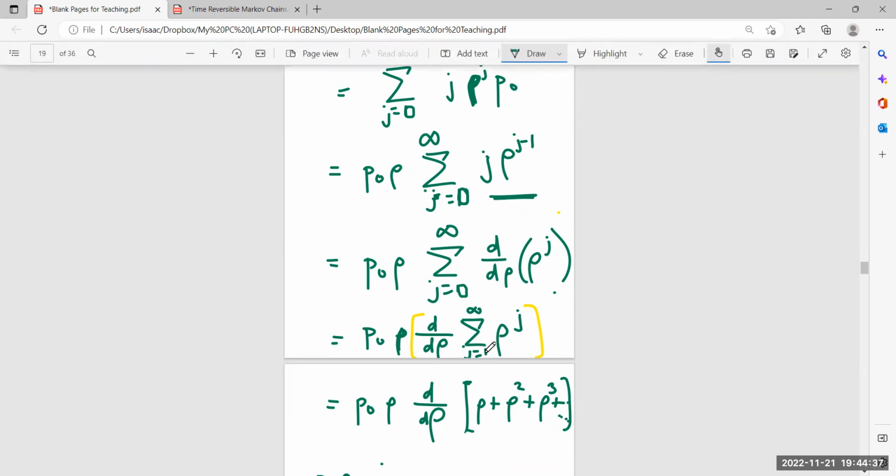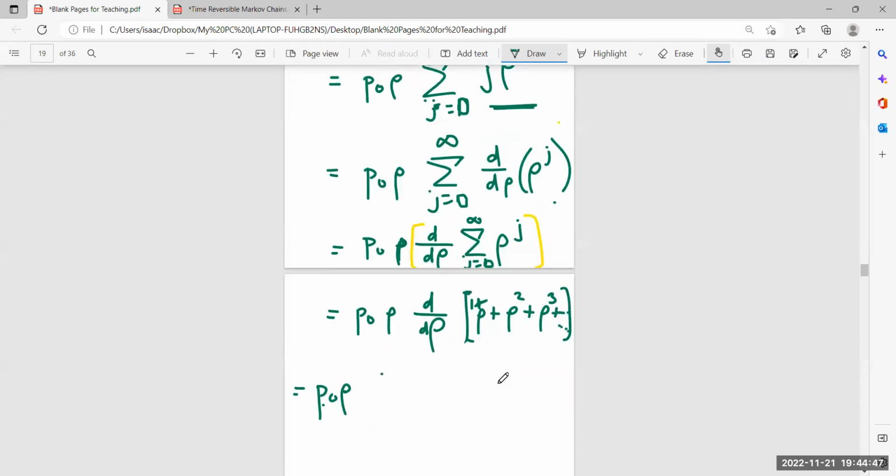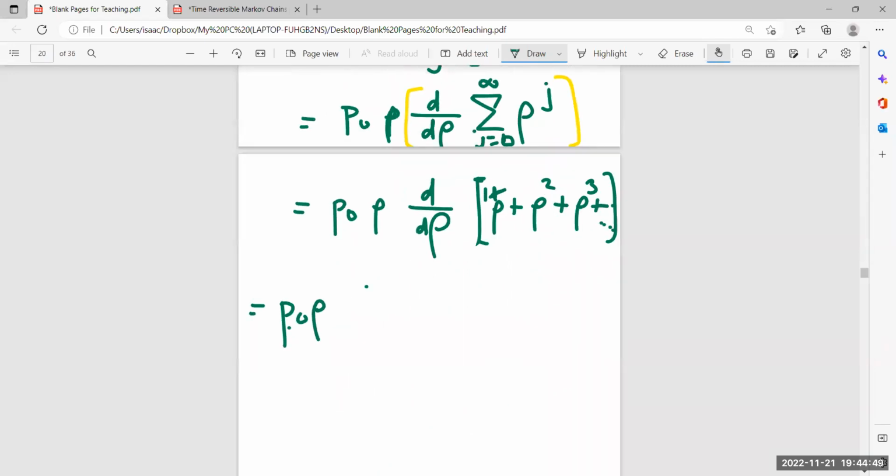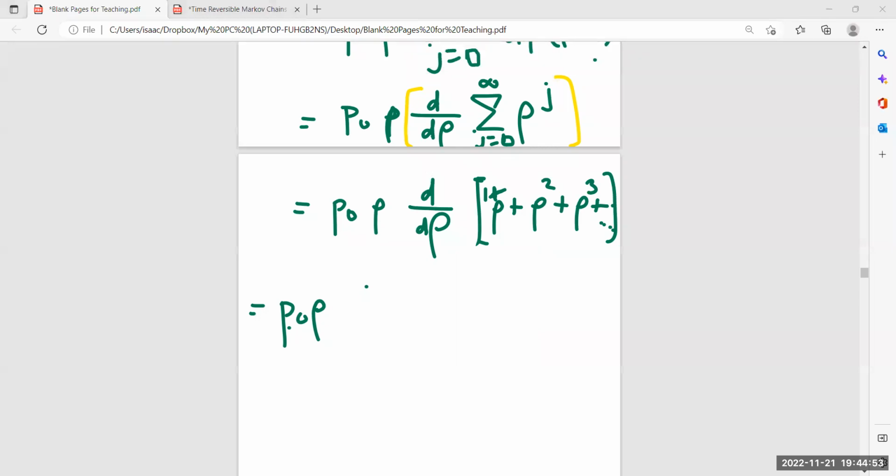So this is 0, and this is 1 plus. Yeah, that's correct.